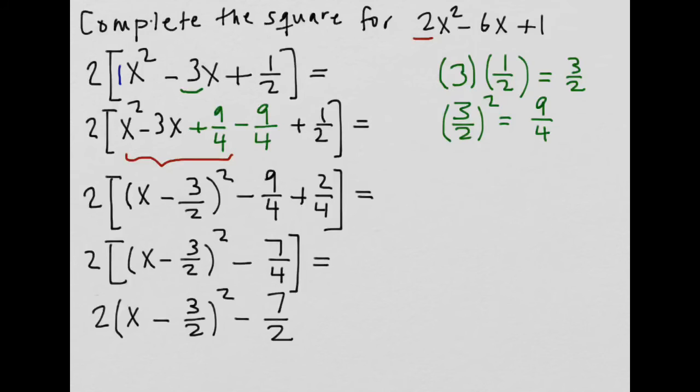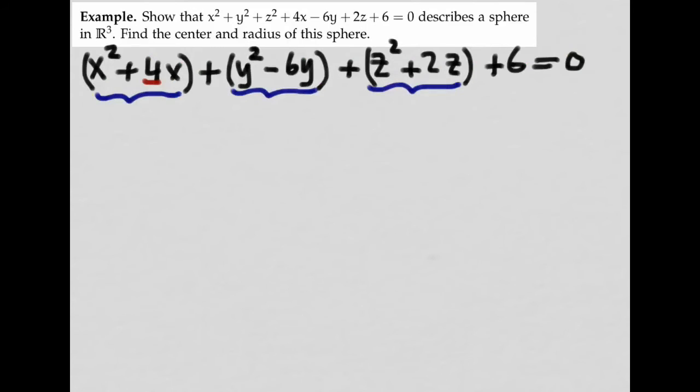So if we look at 4, we multiply it by 1/2, that gives us 2. Squaring the result gives us 4 again. So we have x squared plus 4x. We're going to add 4 and subtract 4.